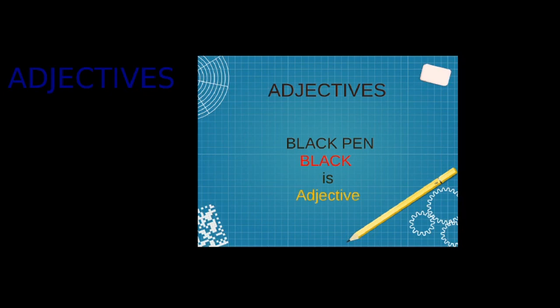You find the black telling something about the pen. So it is qualifying the pen or giving some extra meaning to pen. So an adjective gives an extra meaning or gives more information about the noun.